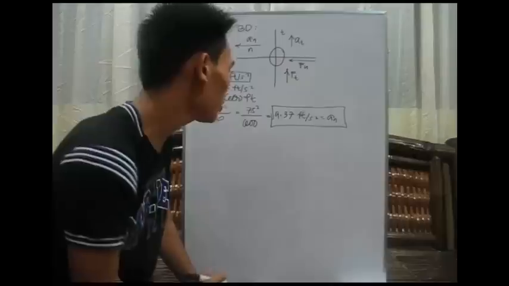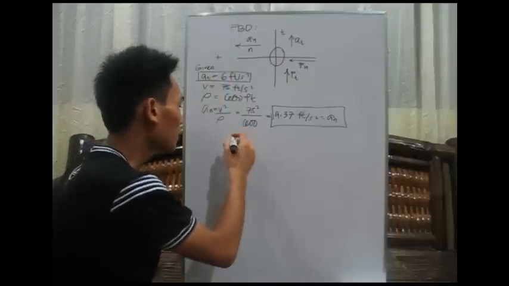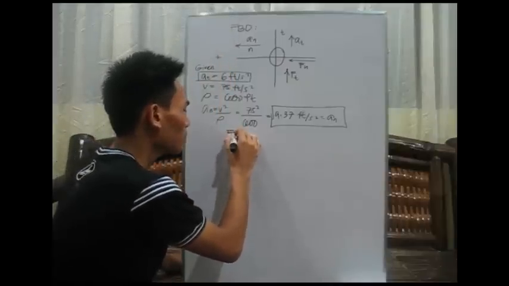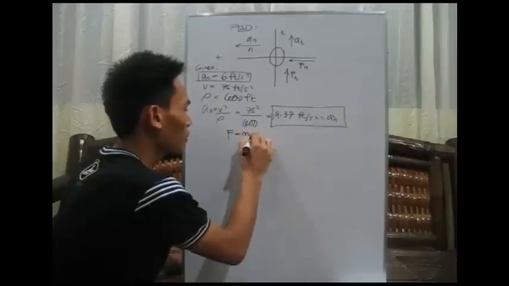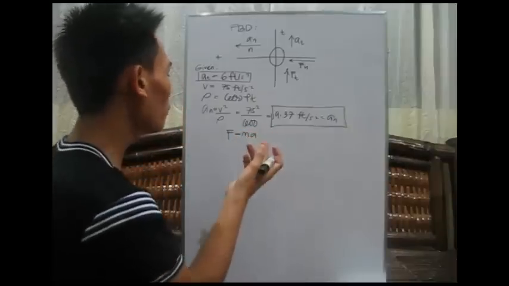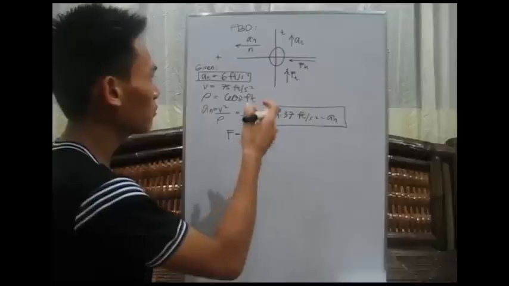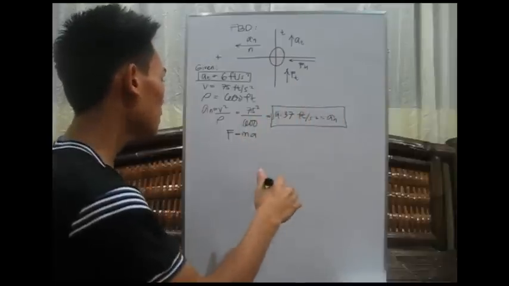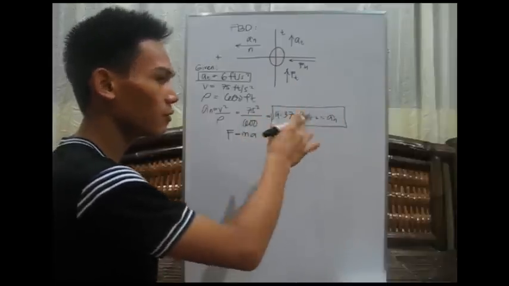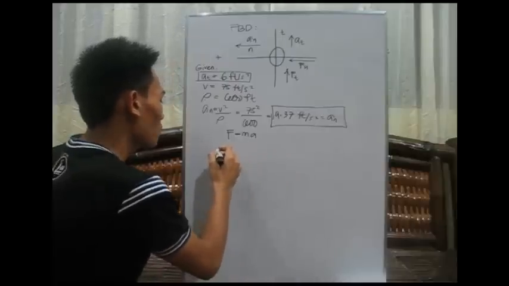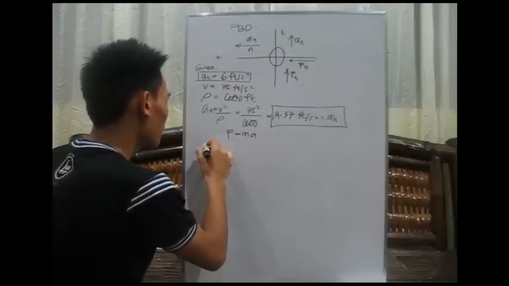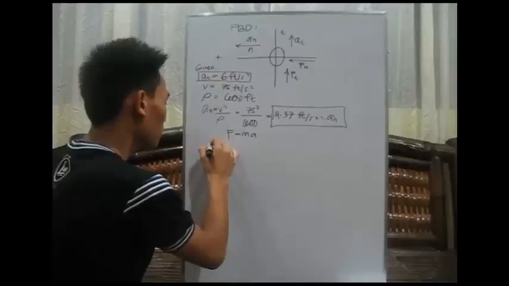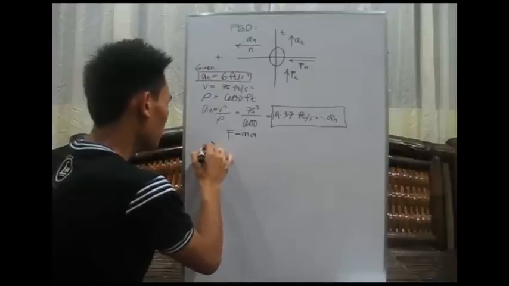Using the equation of motion, which states that force is equal to ma, since we have two forces acting on x and y, they will be divided. We'll assume that this direction is positive.